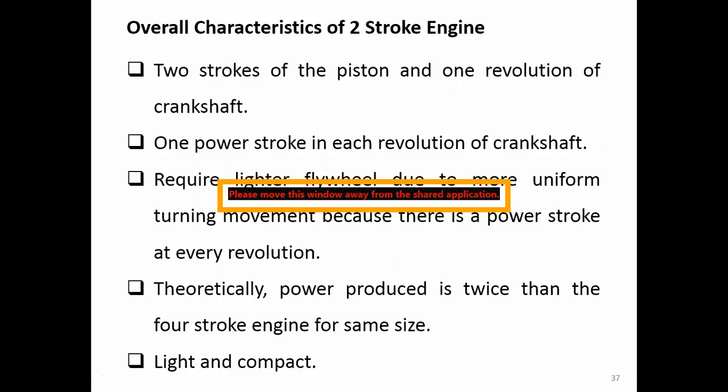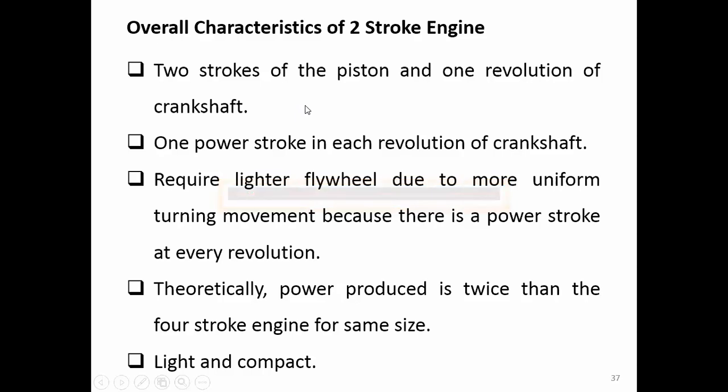Okay, so the overall characteristics of the two-stroke engine are what? There are two strokes of the piston. The piston moves up and down to complete the cycle. Or in other words, there is only one revolution of the crankshaft to finish the cycle. There is one power stroke in each revolution of the crankshaft.